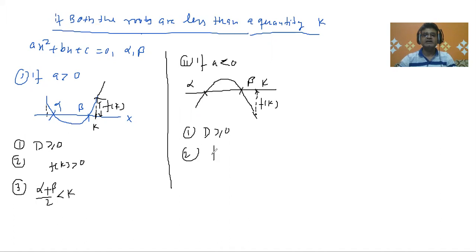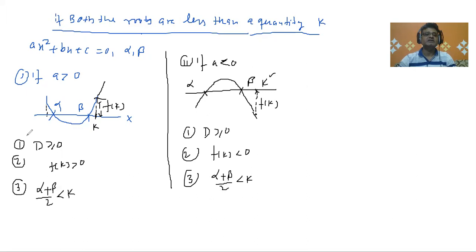Second, fk here is less than 0. And third, alpha plus beta by 2 should be less than k. Why? Just to ensure that k is on this side, not this side, because if k is on this side, it would also satisfy the same condition. So to separate that, we have introduced this condition that k is after both the roots.